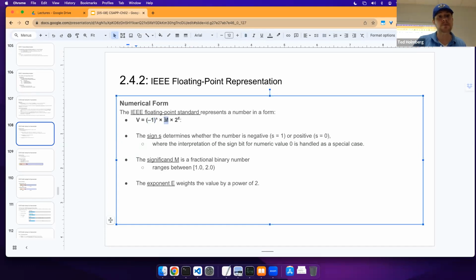The next one is what we're going to call our significand, or our mantissa. We're going to take a look in a moment at how we can encode it. This is our fractional binary number, ranged between 1 inclusive and 2.